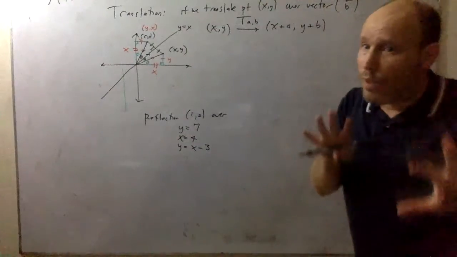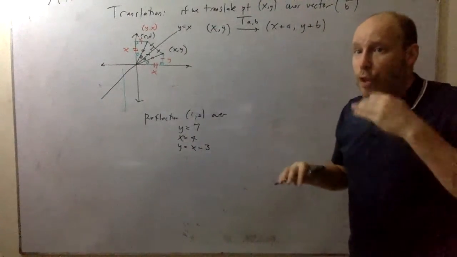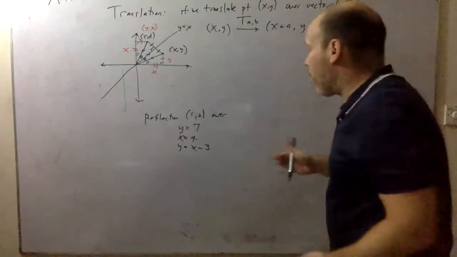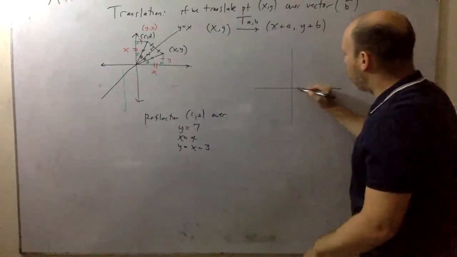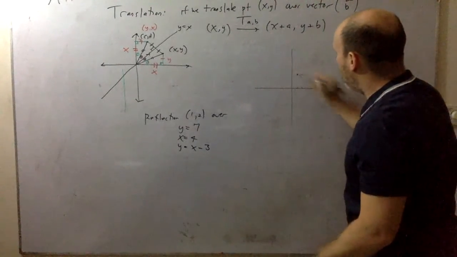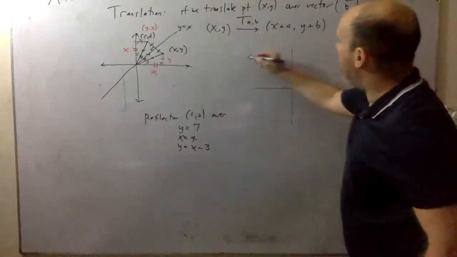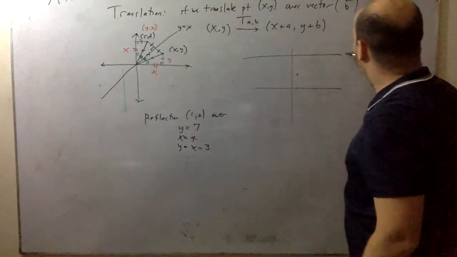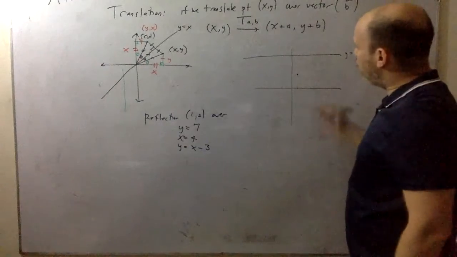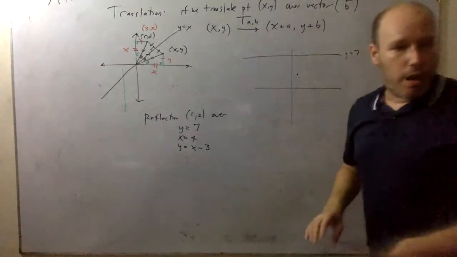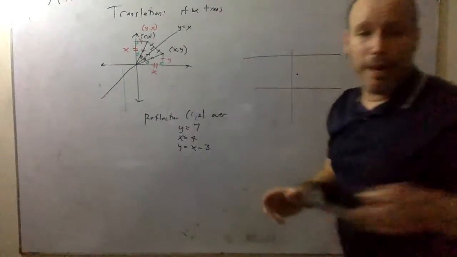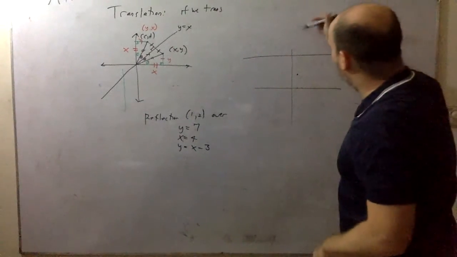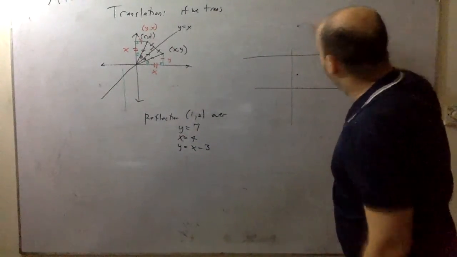We're on graph paper now. It's not real world. It's not like looking in a mirror. We're on graph paper. So make a quick sketch. Let's see, we have the point (1, 2). The first thing I'm reflecting over is y equals 7. Okay, so I know that my image is over here, right?